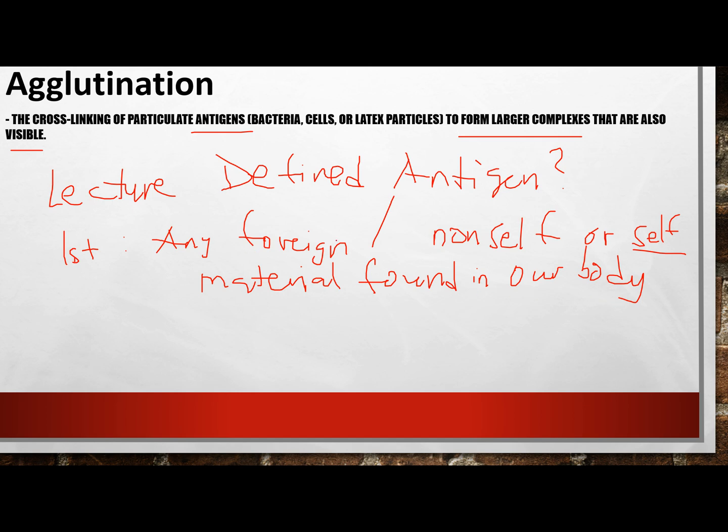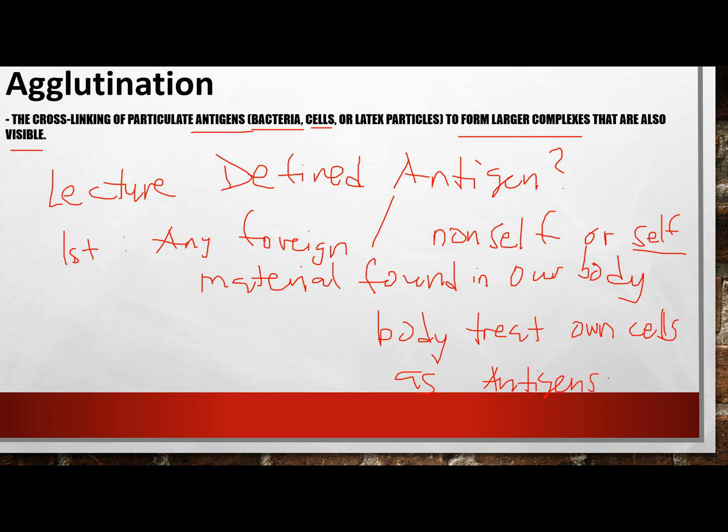When we say foreign or non-self, class, these are substances not present in our body normally, such as foreign bacteria, cells, or latex particles. But there are some cases, class, wherein our body would treat our own cells as antigens or as foreign substances.